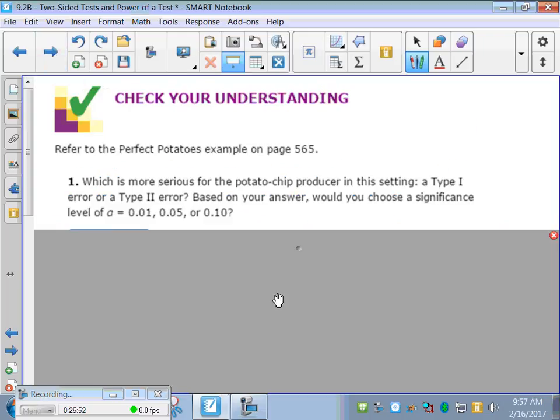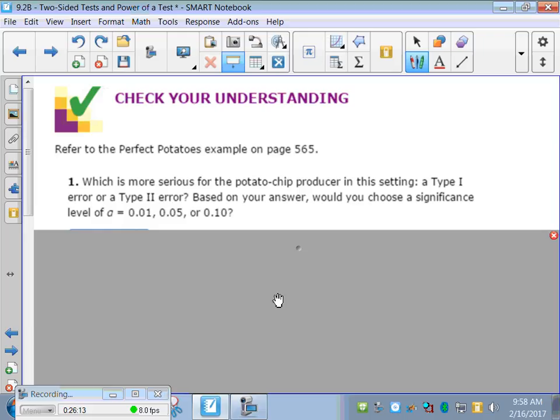All right, so here's some questions about power to make sure you get it. So tune back in. Which is more serious for the potato chip producer in this setting, a type 1 error or type 2 error? So based on your answer, what significance level would you choose? So the type 2 error was where we actually like use the truckload, right? And we make potato chips.